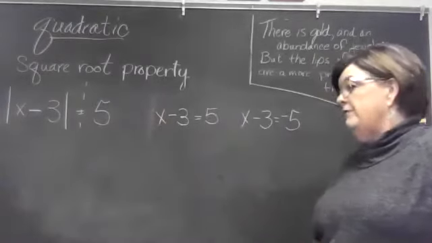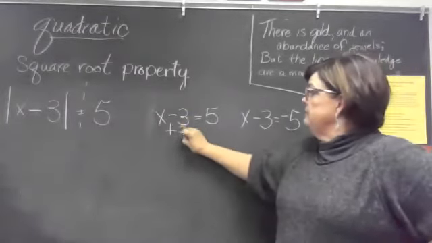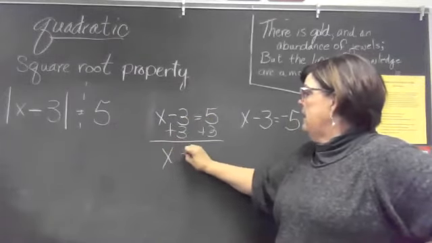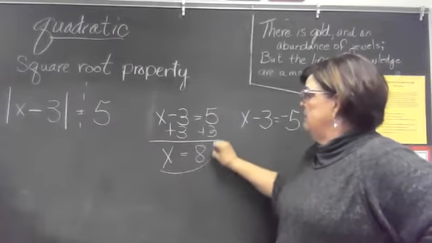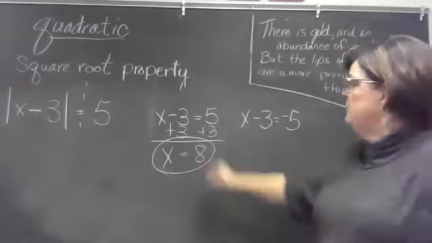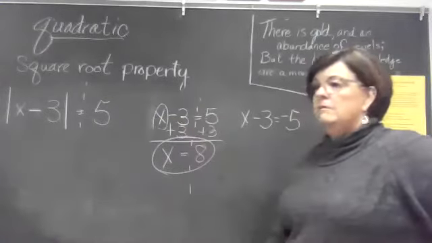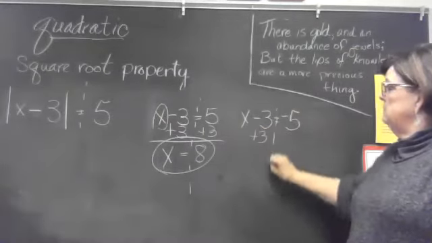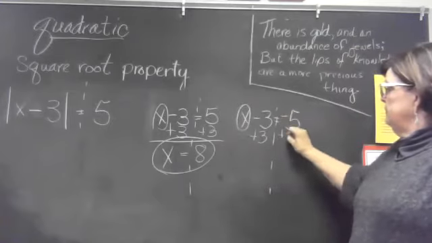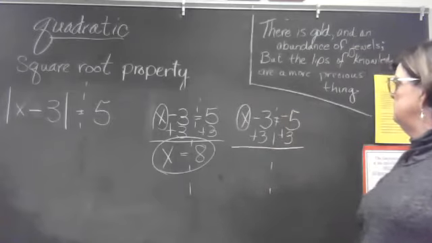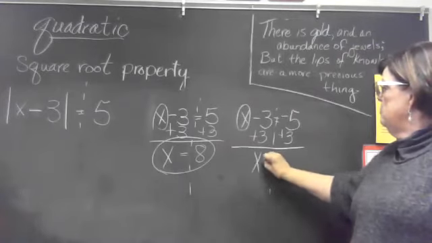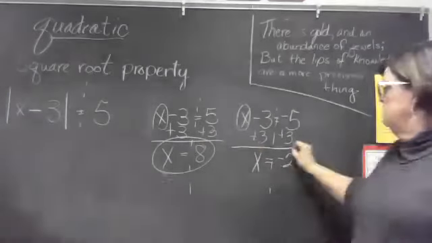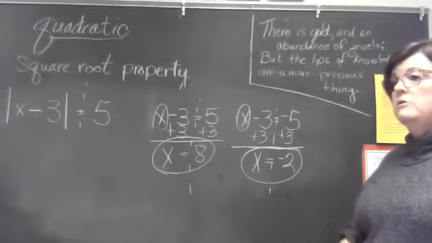And we're going to solve both of these. So we have that x could be 8. Are y'all with me there? Okay. Or when we solve this one, then we have x could be equal to -2 because I took -5 plus 3. So we have two answers to this absolute value.